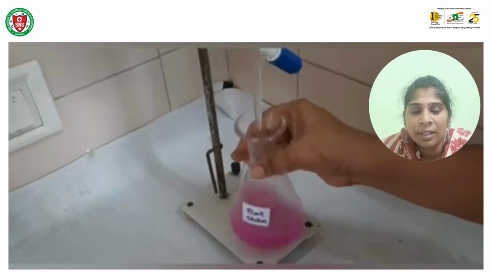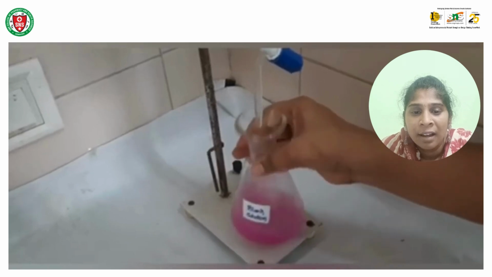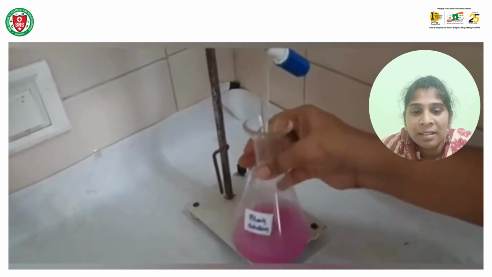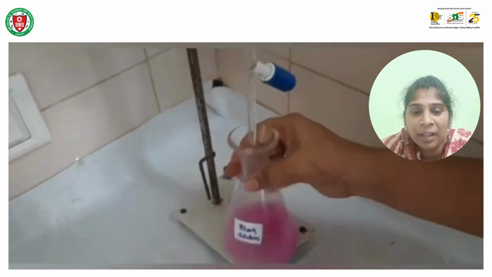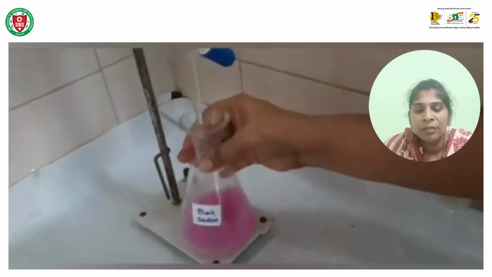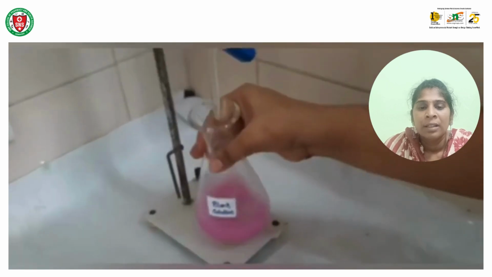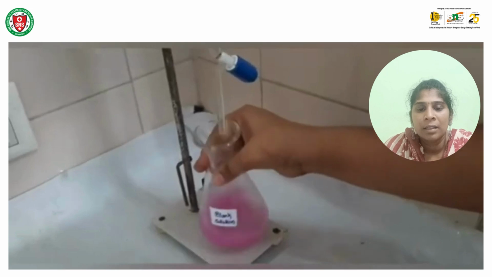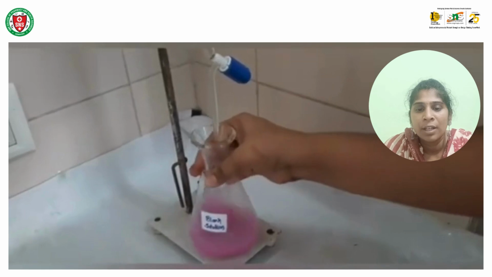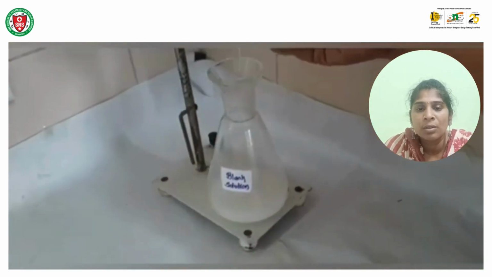Slight changes are there, I hope everyone sees. With continuous shaking, we obtain colorless. When the sulfuric acid is dropping, there should be continuous shaking. Now the blank also turns colorless.